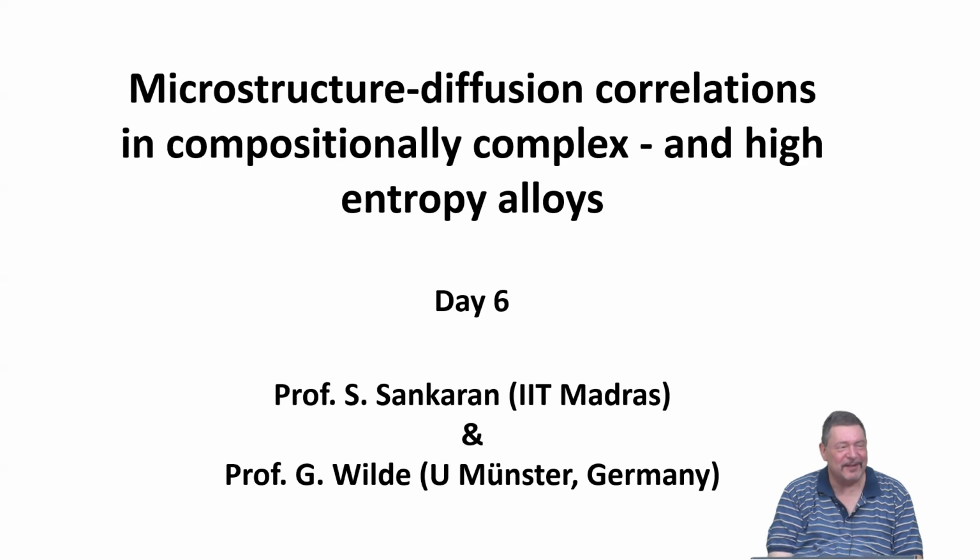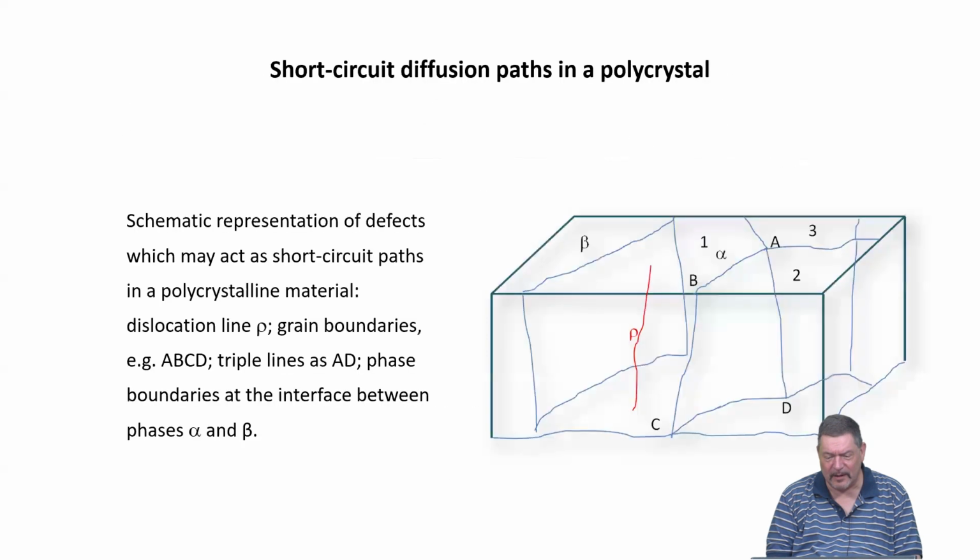To day 6 of this lecture series, this Gyan course on microstructure and diffusion correlation in high entropy alloys. Just to remind you of last week, most of the time this is the situation we are facing, right?